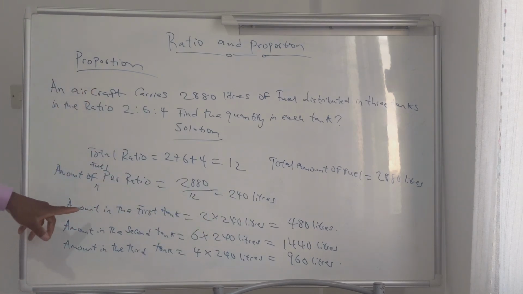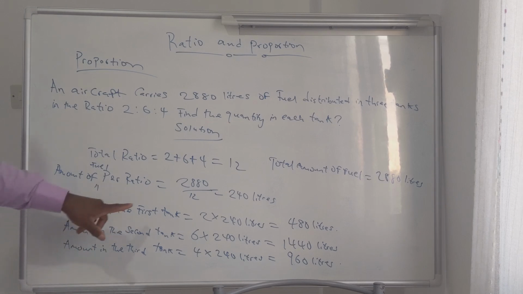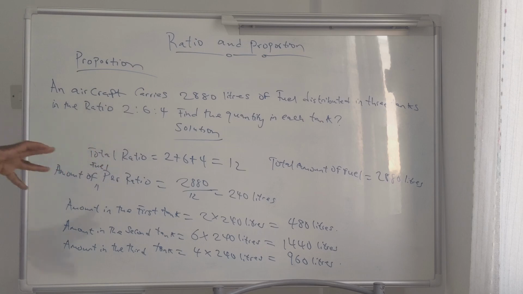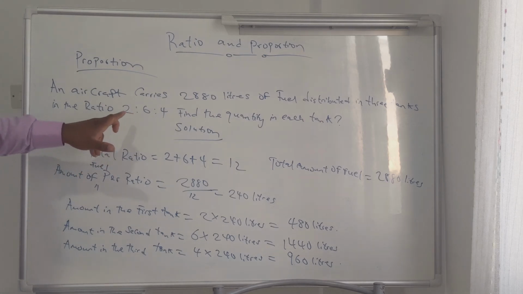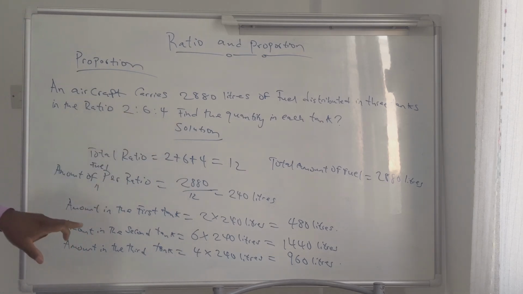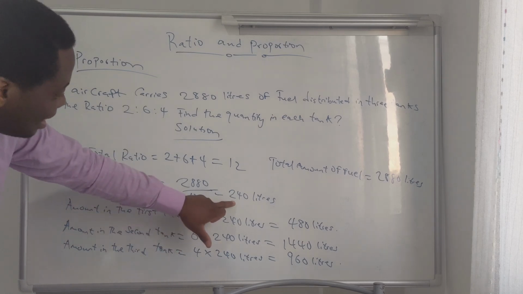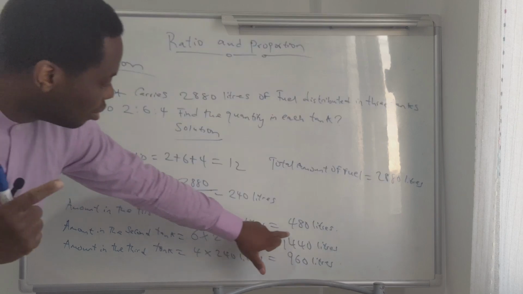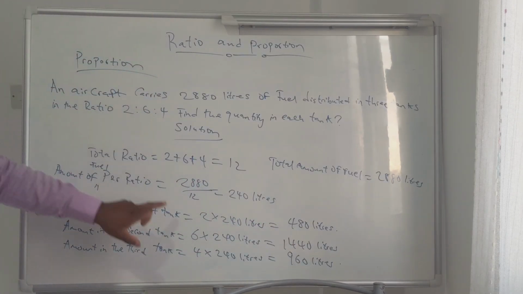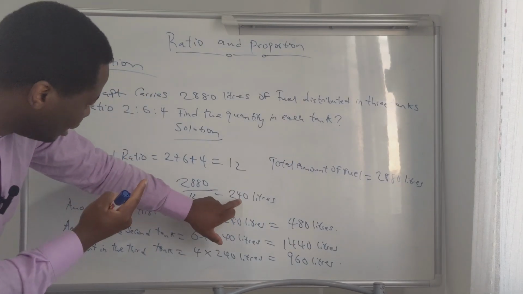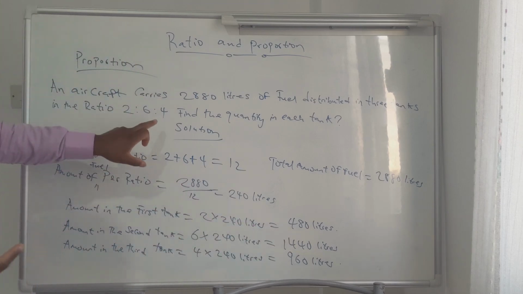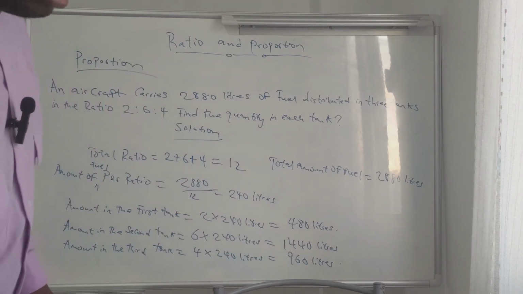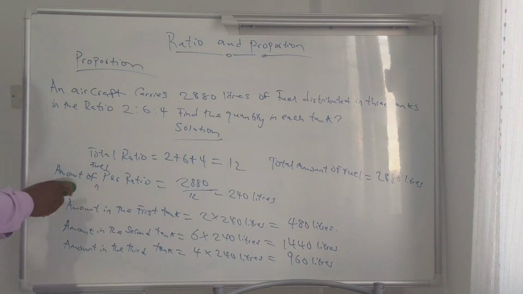So the amount in the first tank, they said the fuel was distributed in 3 tanks according to the ratio 2:6:4. So we said 2 multiplied by the liters per ratio, then 6 multiplied by the liters per ratio, and then 4 multiplied by the liters per ratio.